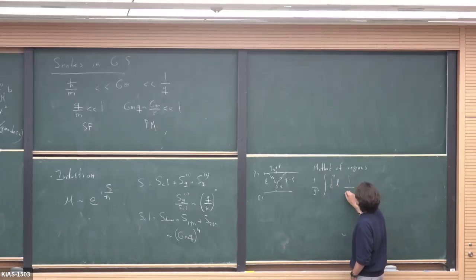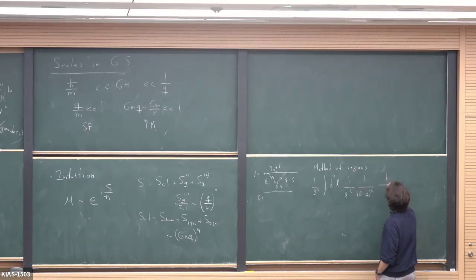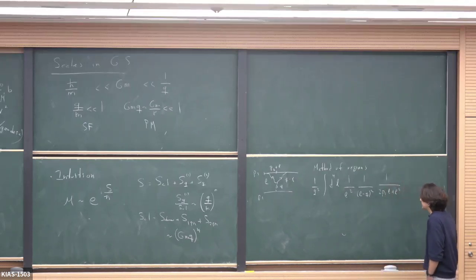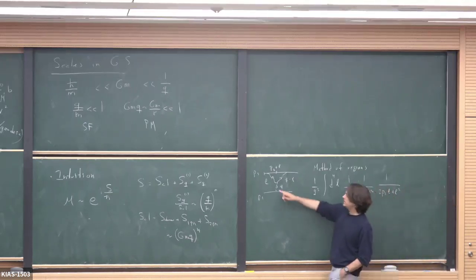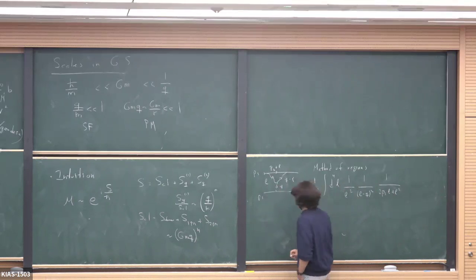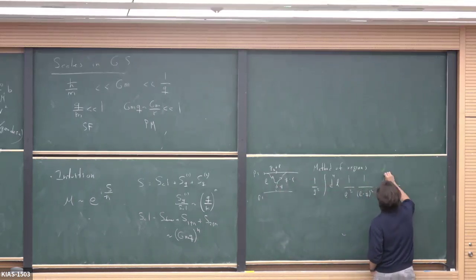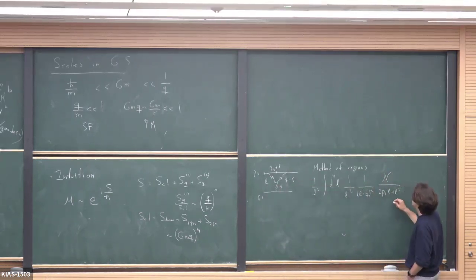I'm going to have 1 over L squared, 1 over (L minus Q) squared, and 1 over 2 P2 dot L plus L squared. And maybe some numerator that depends on these vertices, but actually I won't care too much about this. This depends on.